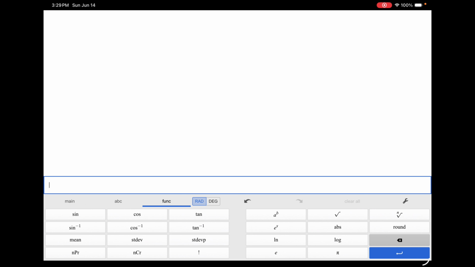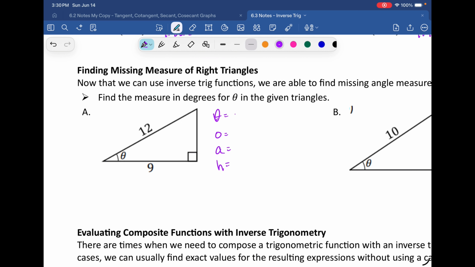Okay, so we've done right triangle trig. That was 5.4. So now we can use right triangle trig to find measures of missing angles. Okay, so just like I showed you, theta, opposite, adjacent, hypotenuse. We don't know our theta. I also don't know the opposite. I do have adjacent, it's 9, and I have hypotenuse, 12.